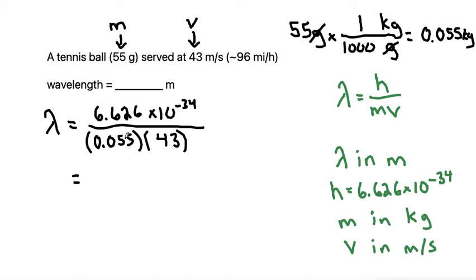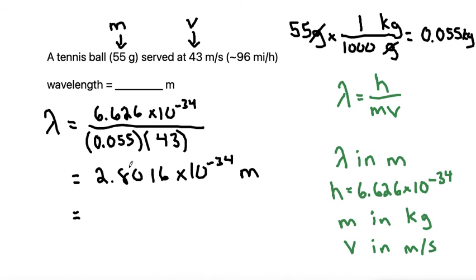If you put it in parentheses, you could write it as multiplication, but doing them separately, both of them are in the denominator, so we would divide by both of them. And I get that to be 2.8016 times 10 to the negative 34. And again, since we plugged in all of these numbers in the appropriate units, that tells us that our wavelength is a unit of meters.